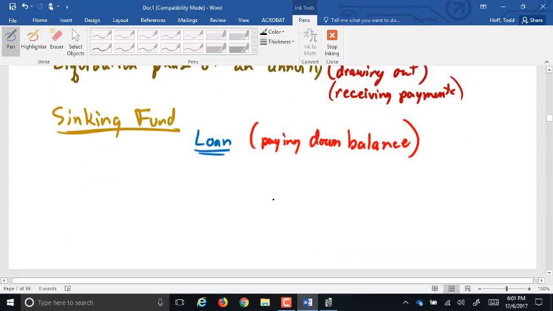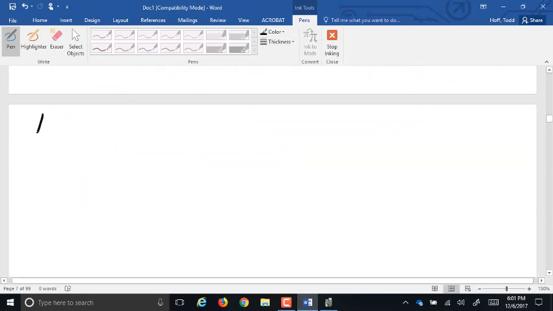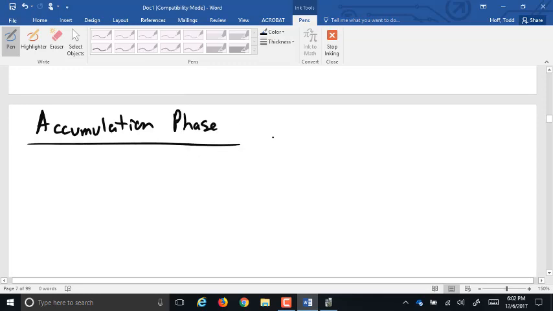Today we are going to focus on the accumulation phase of an annuity. So that means we are starting out with a zero beginning balance.